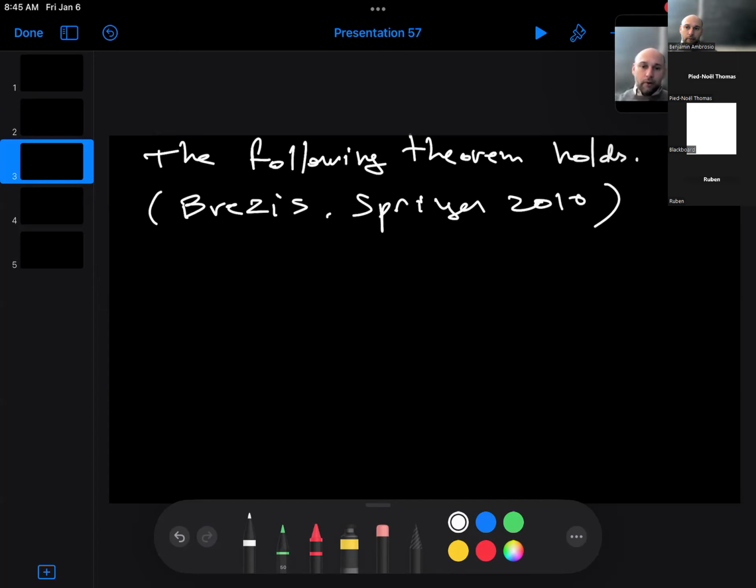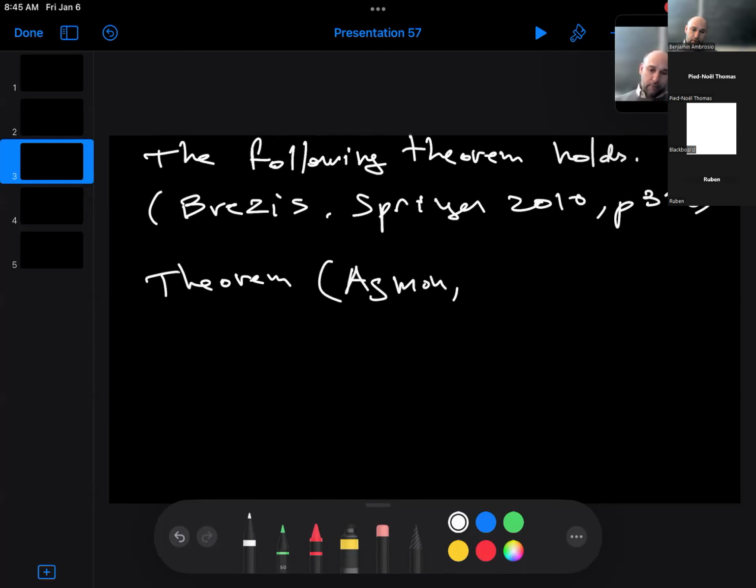So the theorem reads as follows. I can give you the page too. The theorem is referred to as Agmon-Douglis-Nirenberg.